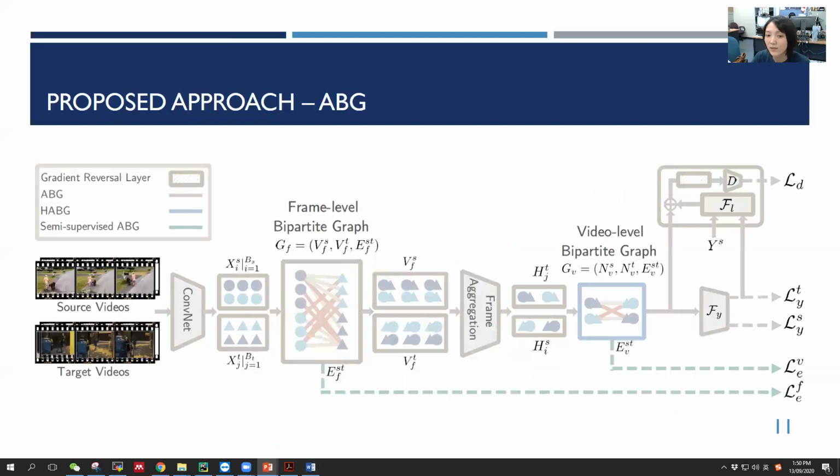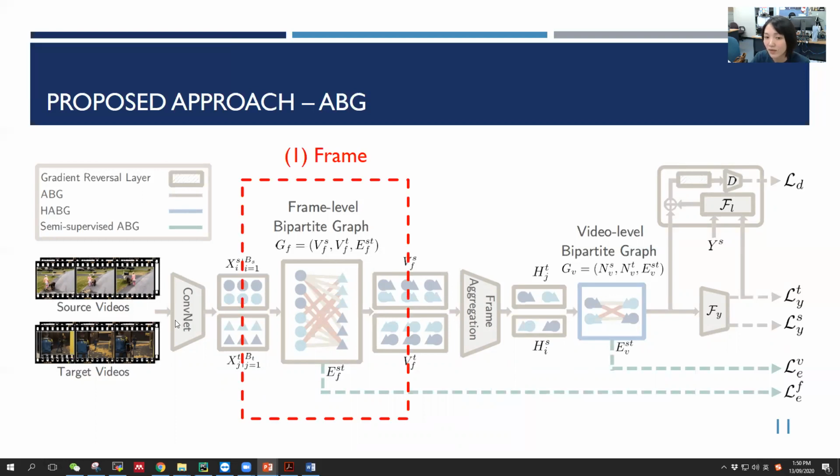To model the data affinity across two domains, we naturally formulate the problem with a frame-level and a video-level bipartite graph, whose nodes can be divided into two disjoint and independent sets, with the edges connecting the nodes from different sets.